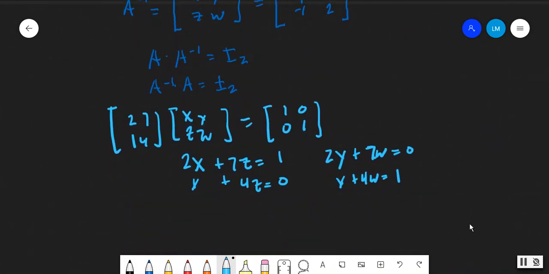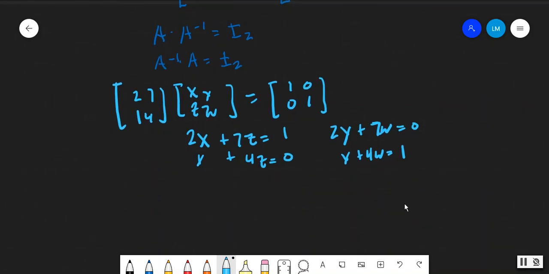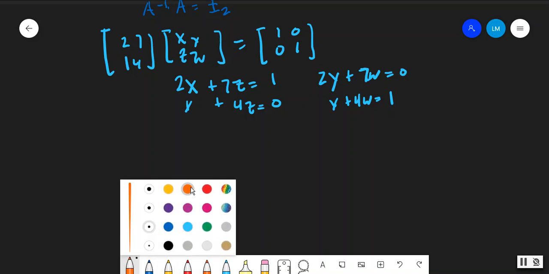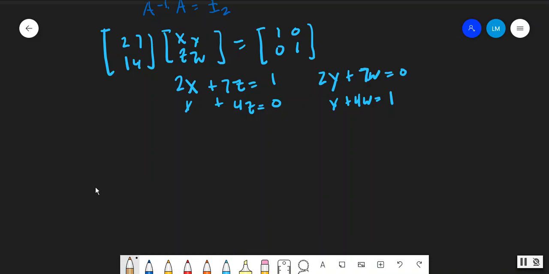So essentially, all that you need to do is switch things around. Okay, so let's try to bring this together. One of the first steps is that you would take the matrix A and augment it to its corresponding identity matrix.